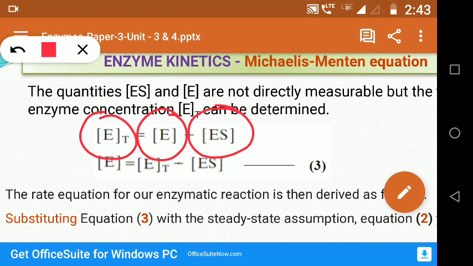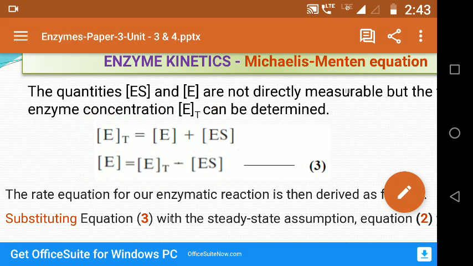So ET equals E plus ES. If you want to know the concentration of free enzyme, E equals ET minus ES. So this is the third equation.